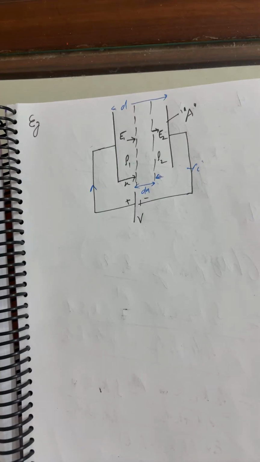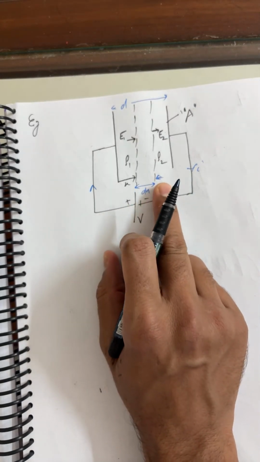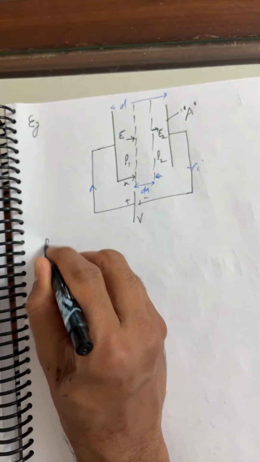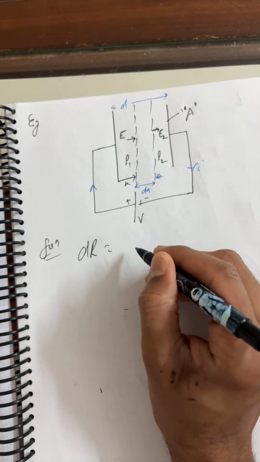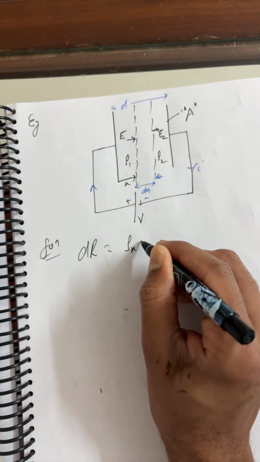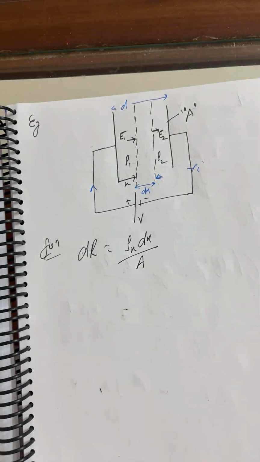First I'll write here the dR value, the resistance for the elemental section. In the solution, dR is equal to rho L by A, that is, rho as a function of x, along the x-axis, into dx upon A. Here I use the formula of resistor, R equals rho L by A. Here I wanted to find the ratio of maximum to minimum resistivity.